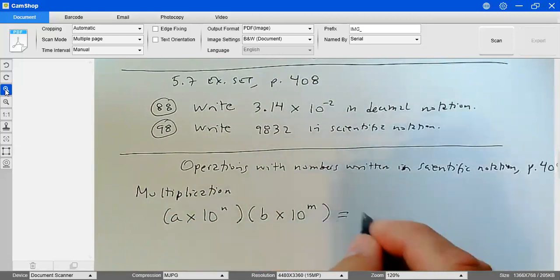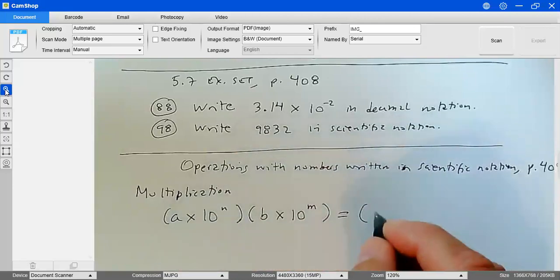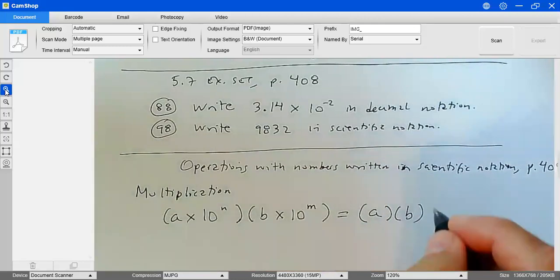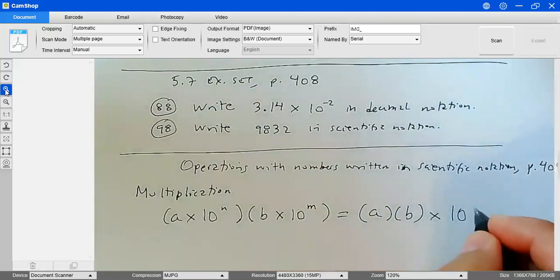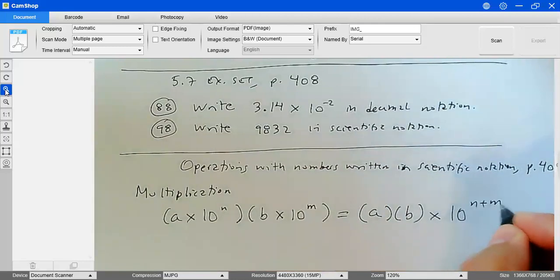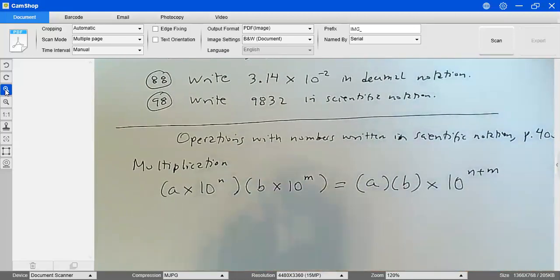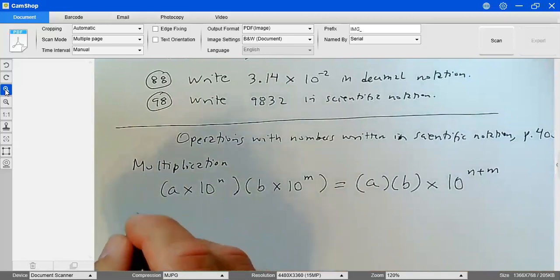And this is going to be a times b, so we multiply mantissas and then times 10 to the n plus m. So that's the formula, so to speak, for multiplication.